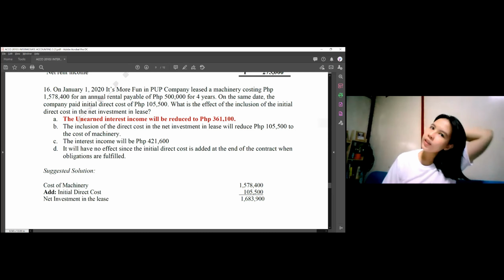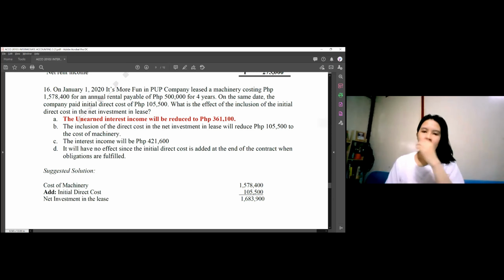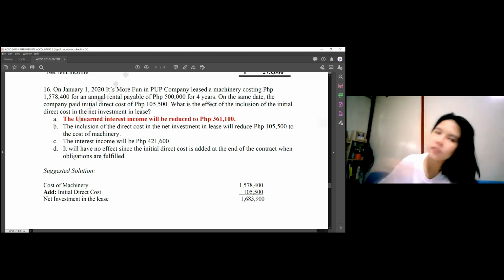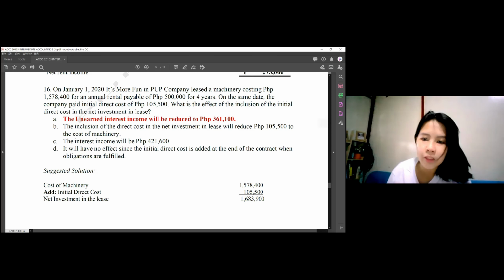So, we can expect na mababawasan yung unearned interest income by 316,100. Diba? So, that is because nga capitalize tayo ng initial direct cost na madi-distribute over the lease term.